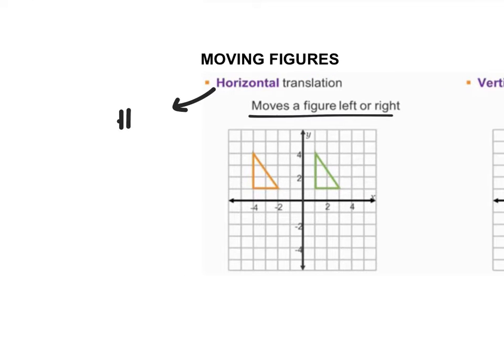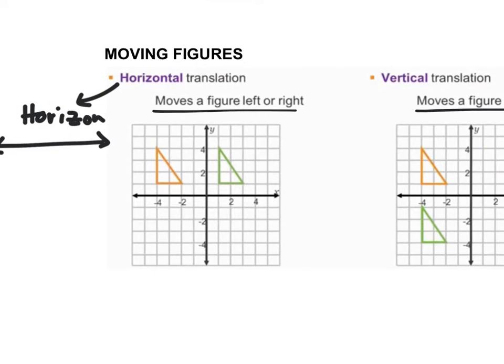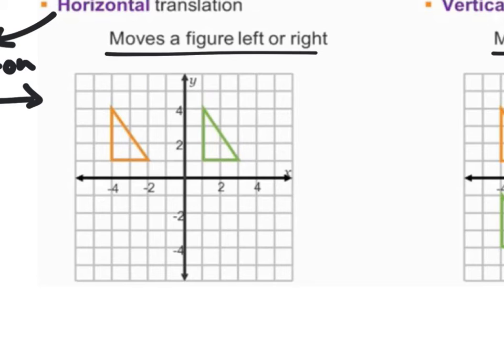The horizon line is a flat line that goes left and right. That tells me that if I'm moving it horizontally, I'm moving it left or right, okay? And then vertical is the opposite.